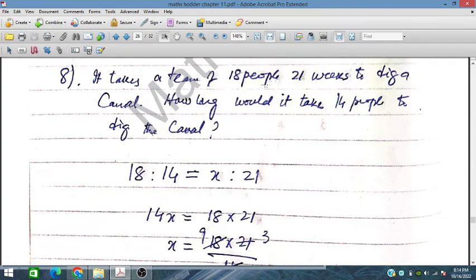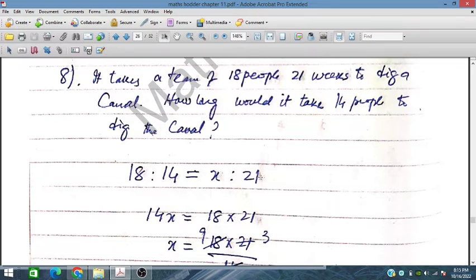It takes a team of 18 people 21 weeks to dig a canal. How long would it take 14 people to dig the canal? 14 people, 18 to 14.